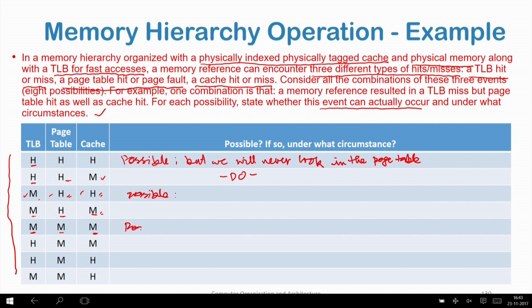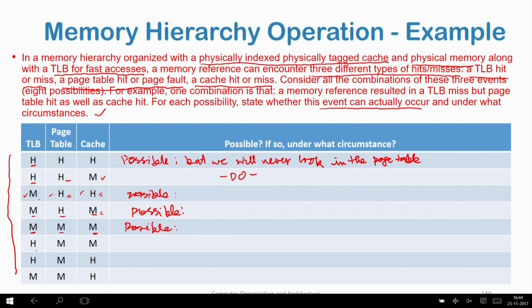So, this is also possible. Obviously, because there is a page table miss, I will also have a miss in the cache. It cannot be that the data is not there in the main memory, but the data is there in the cache. This cannot happen.